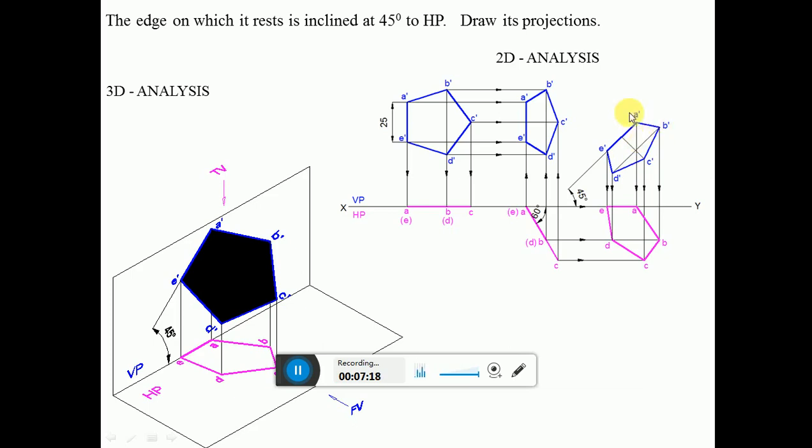Now we have to draw the top view for this. In the top view, AE is on the XY line. Draw a vertical projector from A dash and E dash, and you get the point AE.